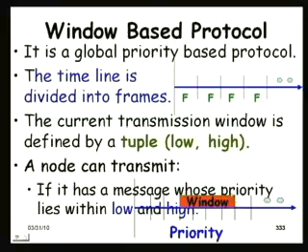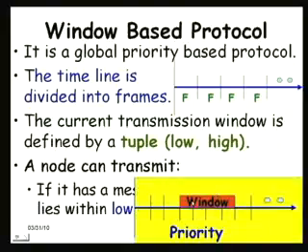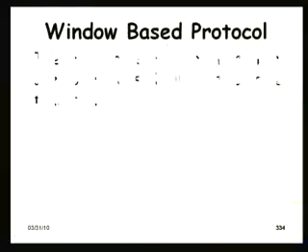So, this is the window that is defined here. If a node finds that its priority falls within this window, it will start transmitting. But the only problem is that there can be several nodes which find that they have a message whose priority fits into the window, and then there will be a collision.